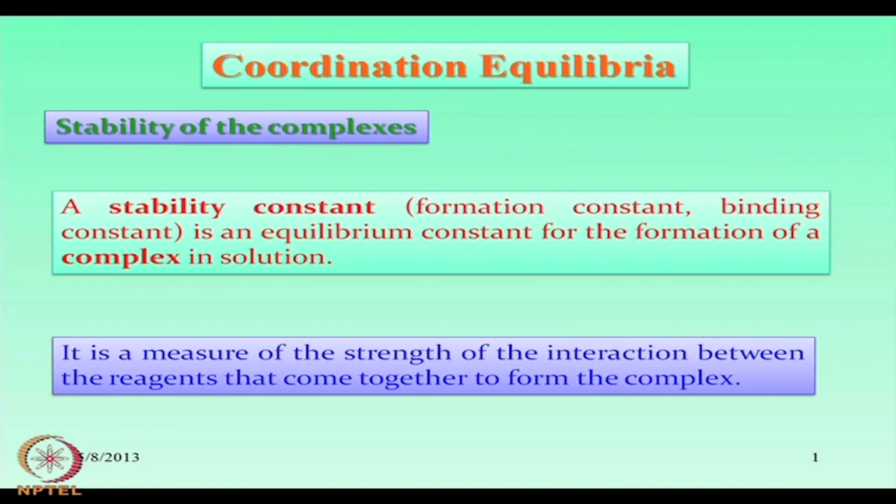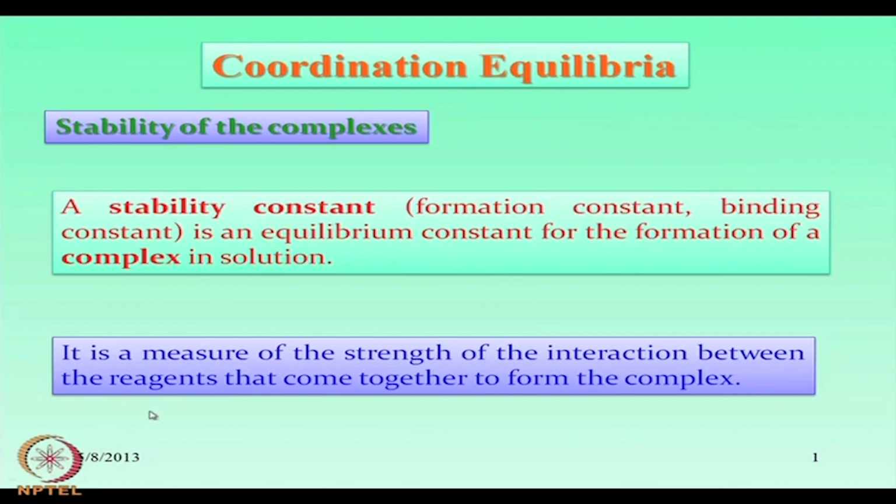It also gives us some idea about the measurement of the strength of interaction between the reagents that come together to form the complex. So, when the reagents are metal and ligand, we will be talking about the formation of the metal complex. It can be some other non-covalent interaction, or some supramolecular interactions at the same time.